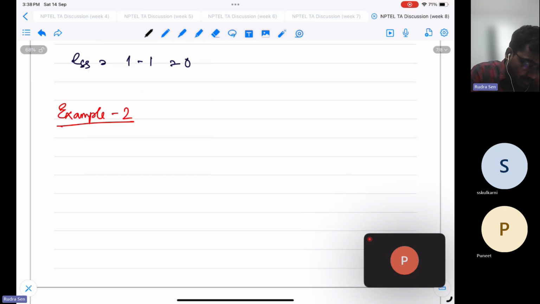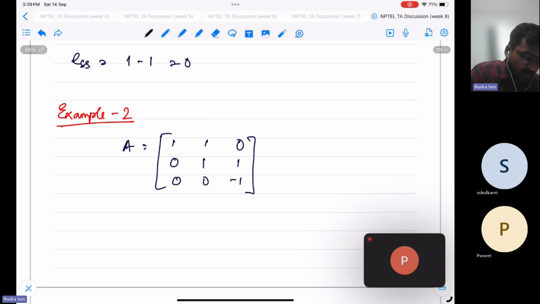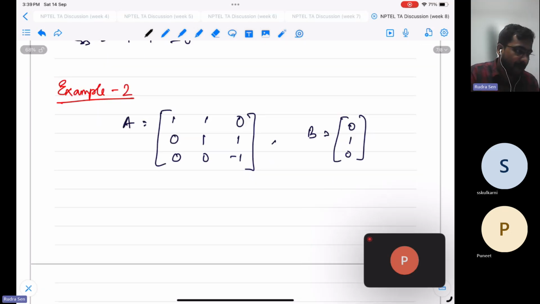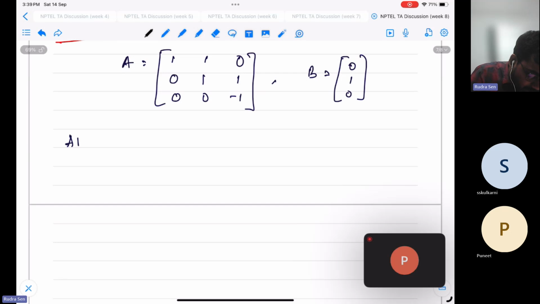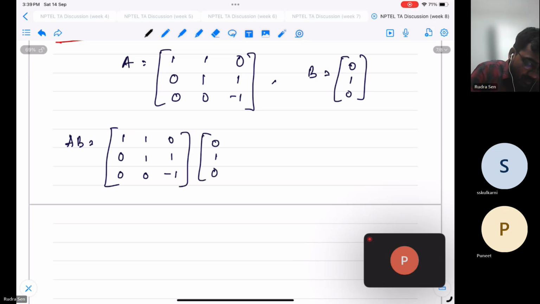My system state, I'm not going to write it out, I'm just writing the A and B matrices: A is [1 1 0; 0 1 1; 0 0 -1], and B is [0; 1; 0]. Okay. So for that case, first of all, we have to check whether the system is controllable or not. So we have to find AB and A square B. What is AB? [1 1 0; 0 1 1; 0 0 -1] times B, and this is 1, this is 0, this is 0.